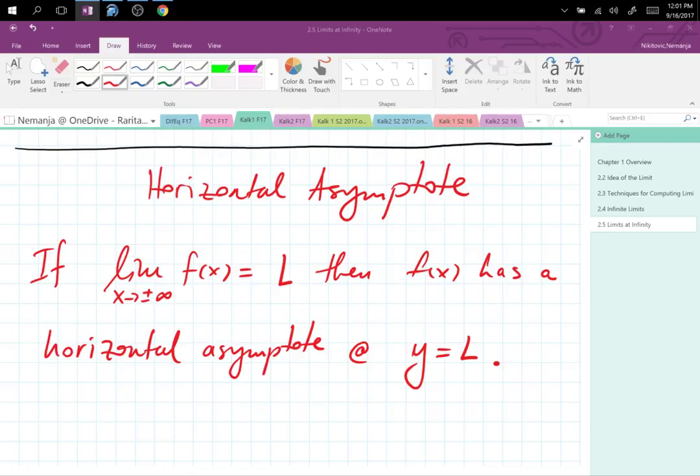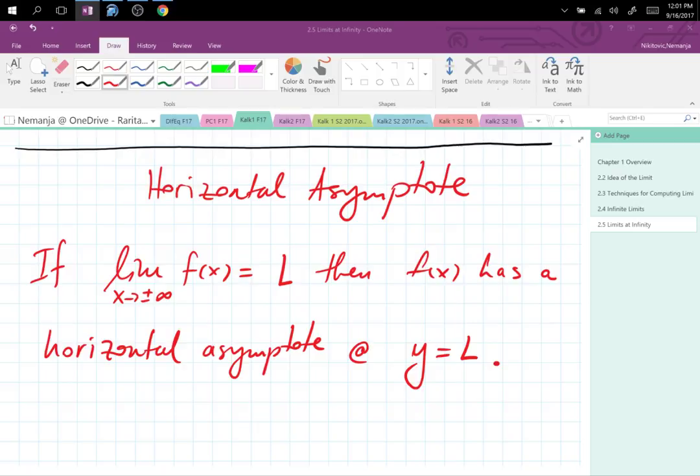You don't care whether the function is the square root function or radical, rational, polynomial, exponential, trigonometric. You don't care what that function is, and you don't have to learn case by case. You know now that you can take the limit of that function. If you get the finite value, you have horizontal asymptote at that value.